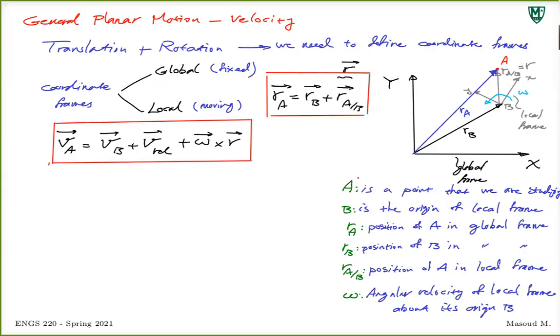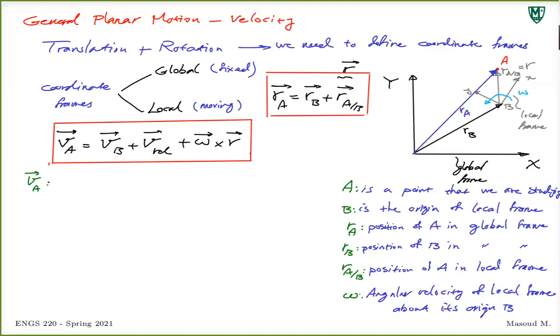Now, let's define terms again. VA would be the absolute velocity of point A, right? What is the velocity of A? In a sense, whatever we have been studying so far, we're following a point. What is the velocity of that point?